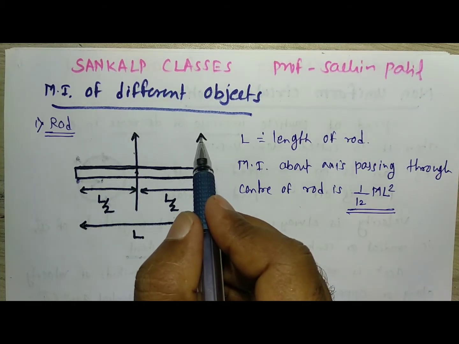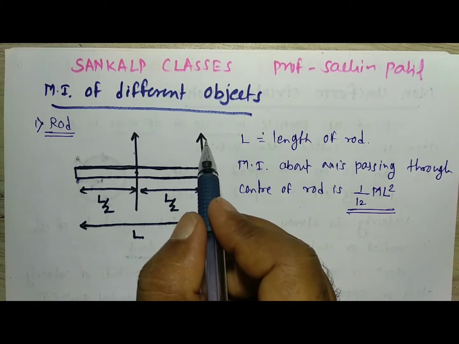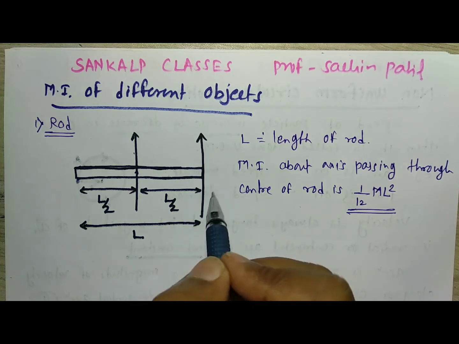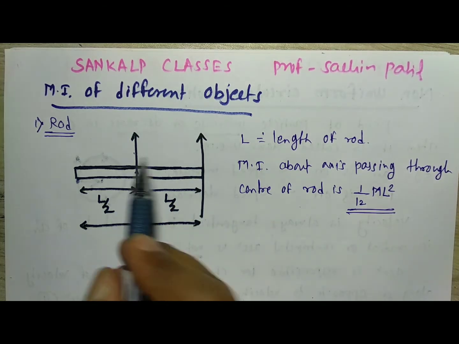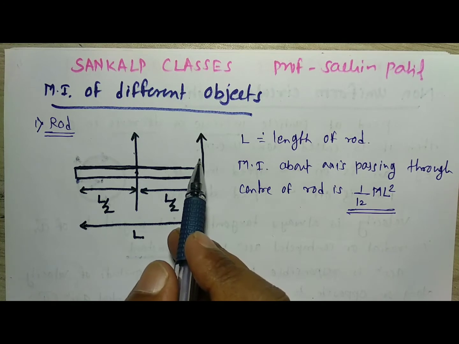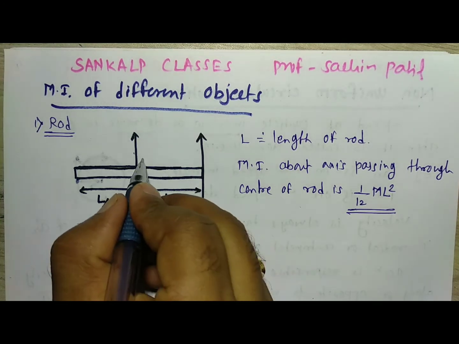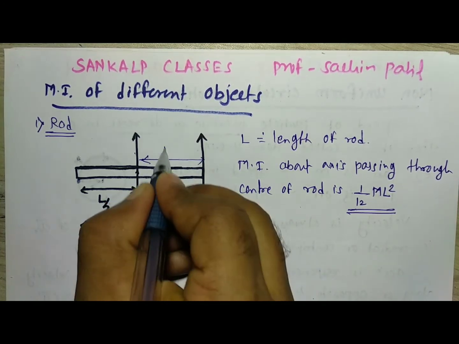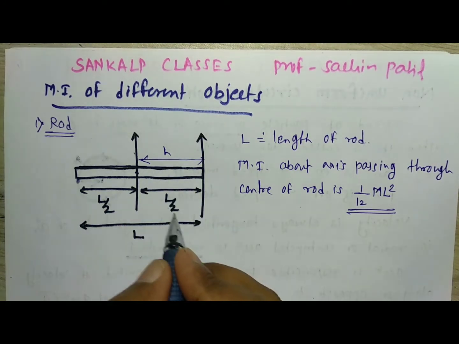Right now we want to find out the moment of inertia about axis which is passing through one end of the rod. At that time these two axes become parallel to each other, and therefore the distance between these two axes is nothing but h, and h is equal to L divided by 2.